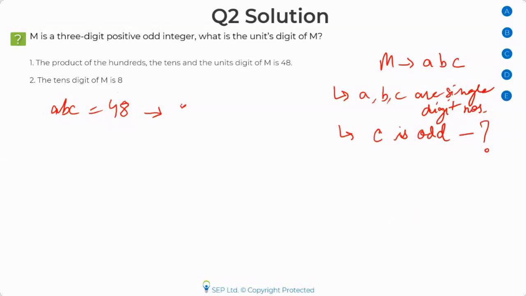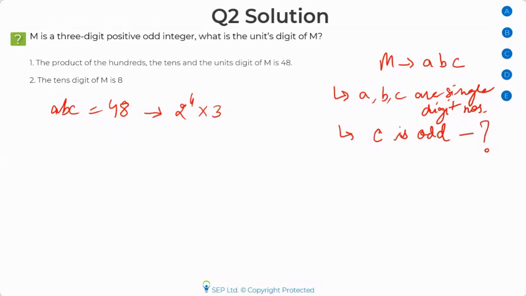If I prime factorize this, I know that this number is equal to 2 to the power 4 multiplied by 3. Nitin, you can also check which odd integers are factors of 48.